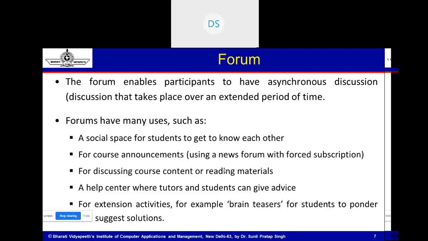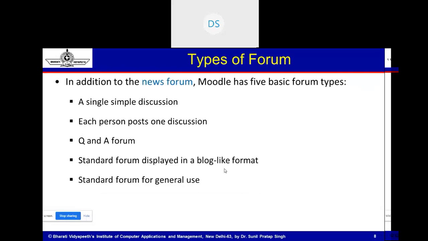For extension activities also, the forum may be used where brain teaser type of activities may be given to check the students' attentiveness. So now when implementing the forum, we may choose the appropriate forum for our purpose.